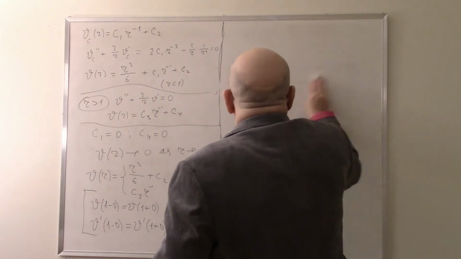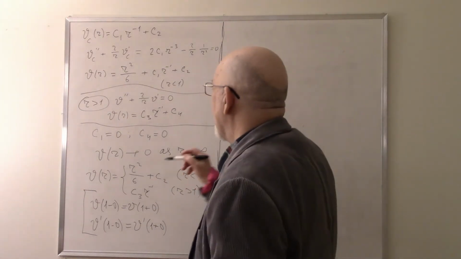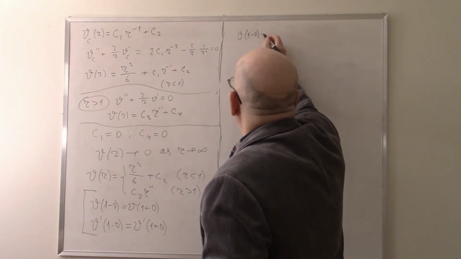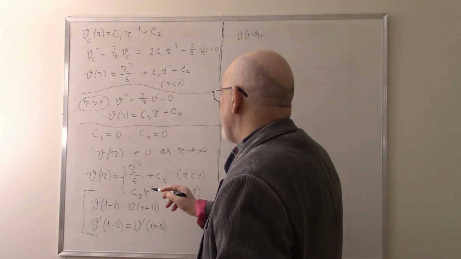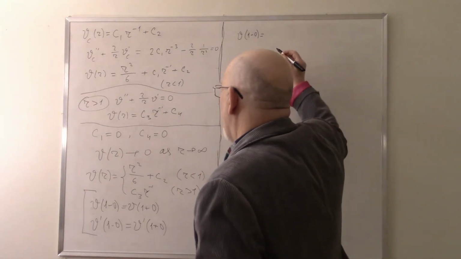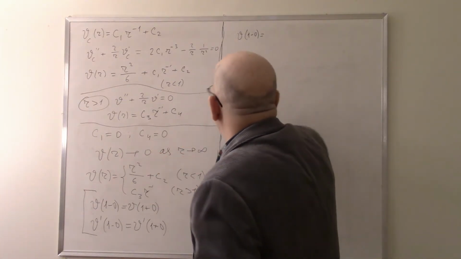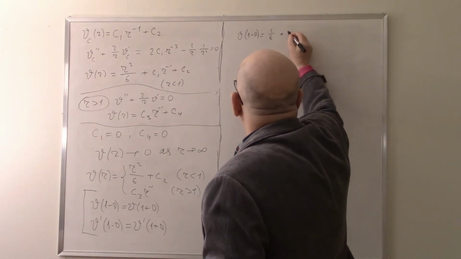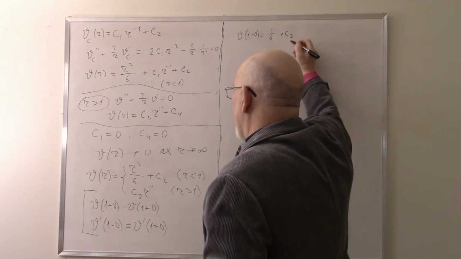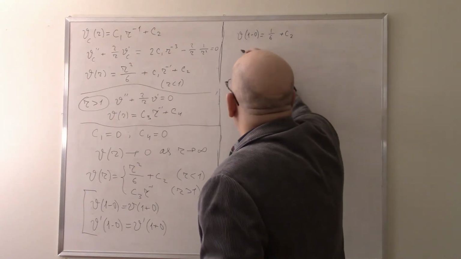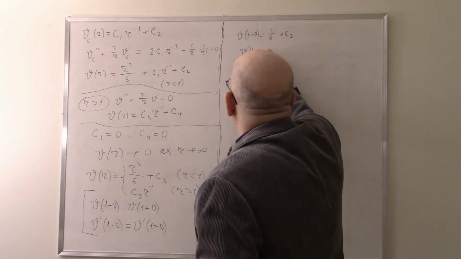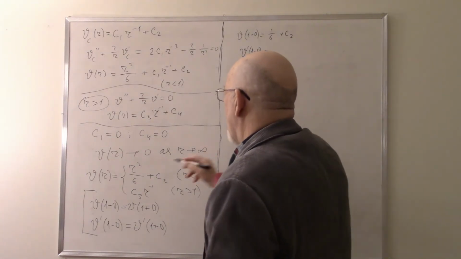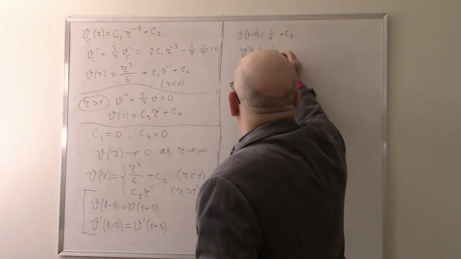Now, what do we have? V of 1 minus 0 equals 1/6 plus C2. V prime of 1 minus 0 equals the derivative, 1/3.